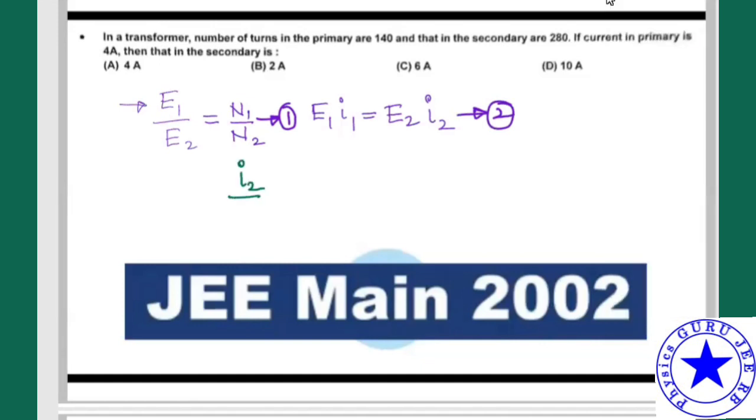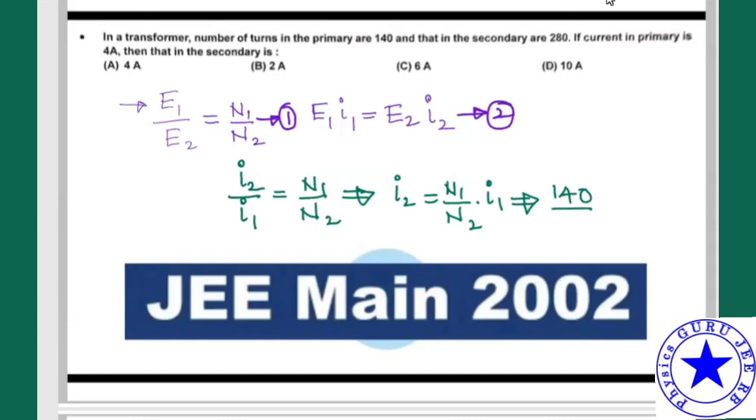So I2 divided by I1 equals N1 divided by N2. Finally I get I2 equals N1 divided by N2 into I1, which is 140 divided by 280 into 4.